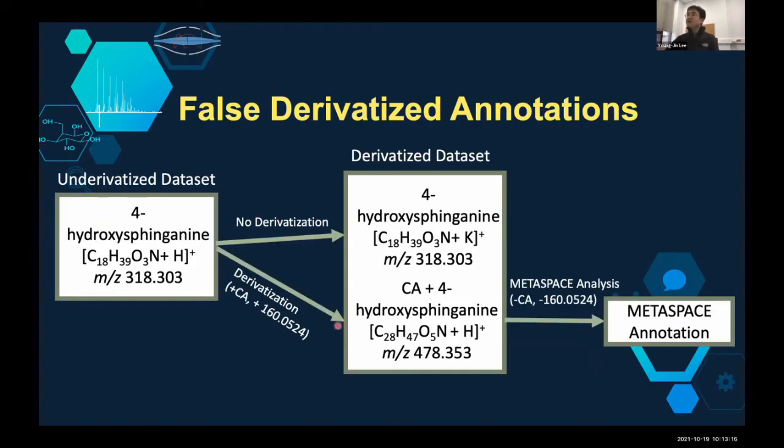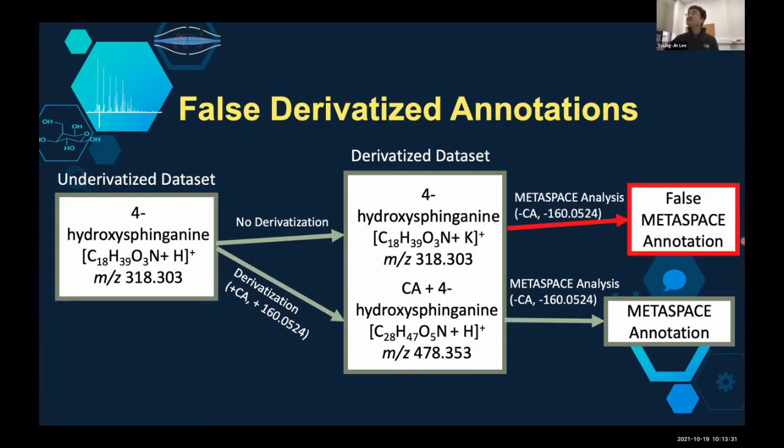For example, for the derivatized compound, we can get correct annotations. But these underivatized ones, METASPACE may misunderstand and then subtract the derivatization mass. And if there is any match, then it may report a false annotation.